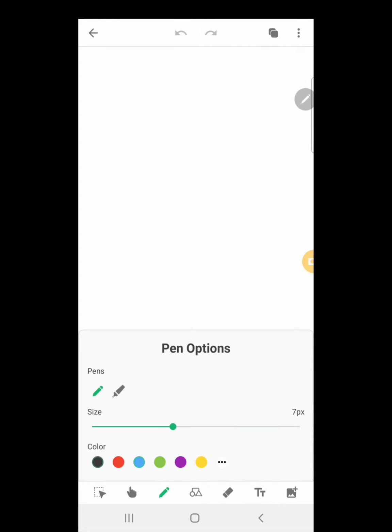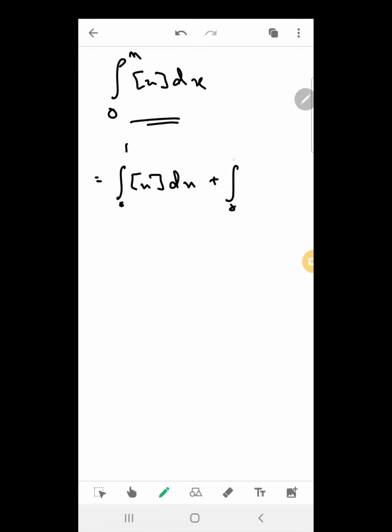One more thing, which will be pretty interesting to you. If you are given an integration, say 0 to n box x dx, you need to first break it down into piecewise integrations. So this becomes 0 to 1 box x dx plus 1 to 2 box x dx, and so on till n minus 1 to n box x dx.